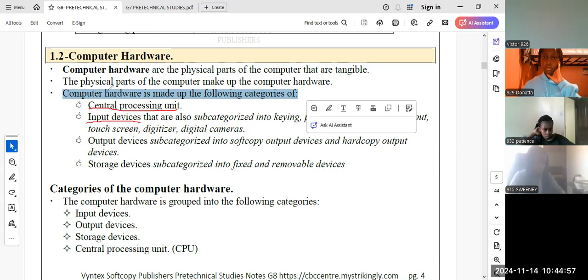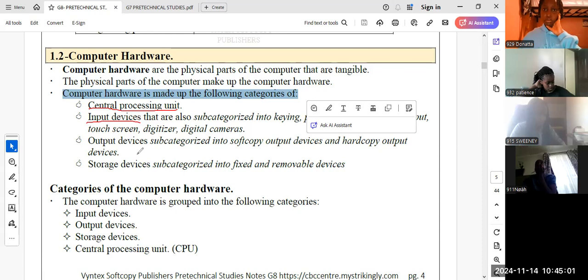These input devices are simply devices that are used to key in data, or type in data, into a computer system. We have the subcategories of input devices. We talked of the keying devices, which are used to key in.